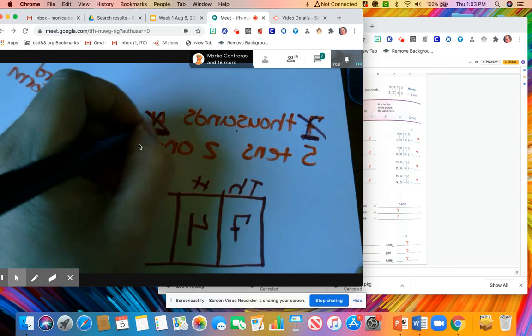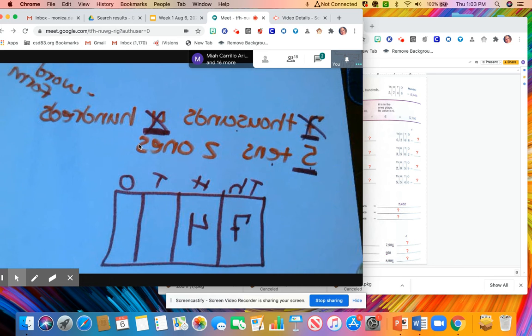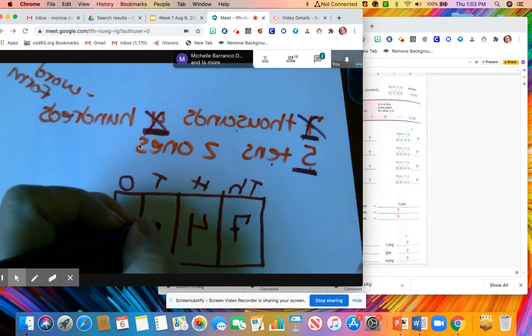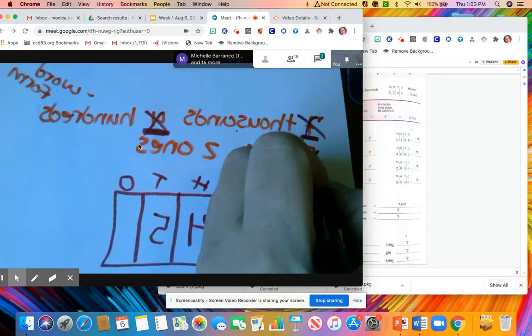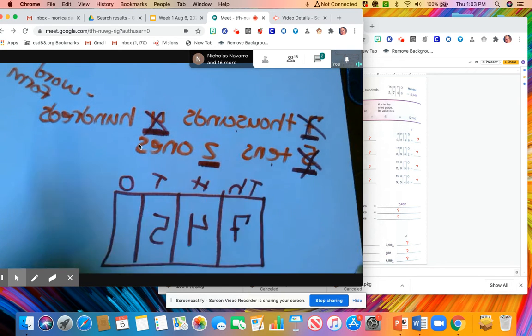Okay, so that one's done. The next one says 5 tens. So where do you think I should put the 5? In the tens. In the tens column, right? So we got ones, then we got tens. So I'm going to put 5 here. Then that one's done. And I'm left with some ones, right? It says I've got 2 ones. So I'm just going to put the 2 in the ones. Okay, so I've plugged it into my place value chart.